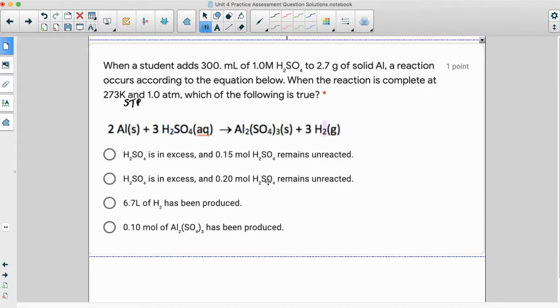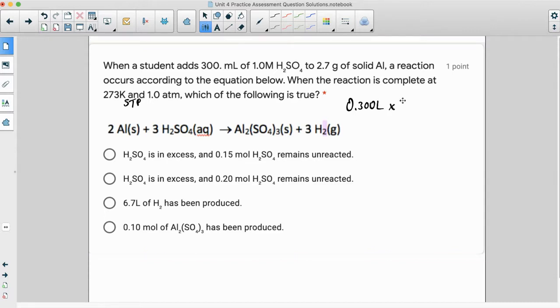So if we take a look here, we've got 2Al and H2SO4. And if we look up here, we can find the moles of H2SO4 by taking 0.3 liters times 1.0 moles per liter, and we get 0.300 moles of H2SO4.